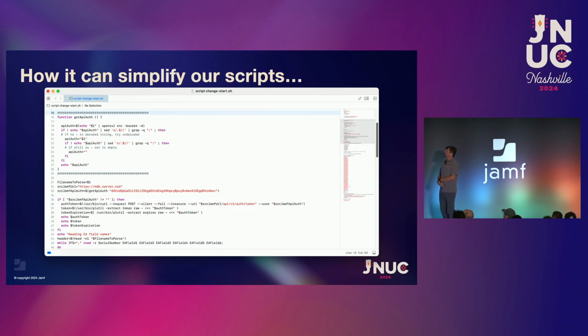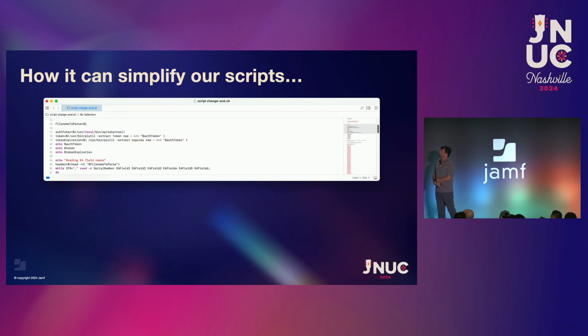So, how this can simplify our scripts. As you look at this, you can see most of the scripts do some kind of obfuscation of the client credentials, or they get it from the policy as a variable.